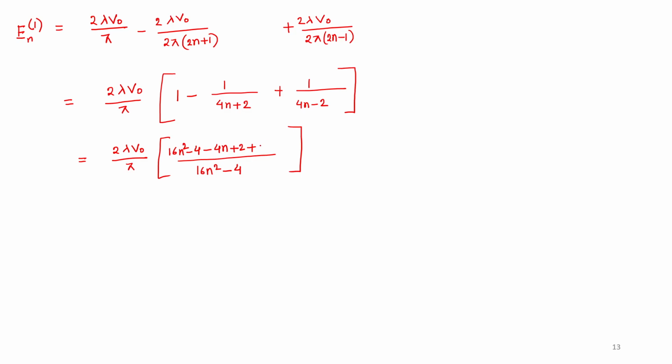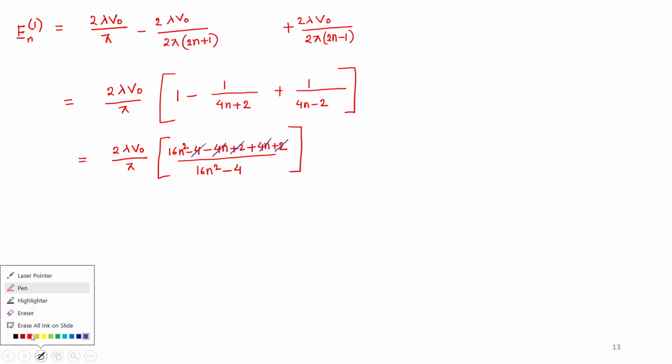Here we are going to get 4n plus 2. So plus 2 plus 2 minus 4 is gone. Minus 4n plus 4n is gone.